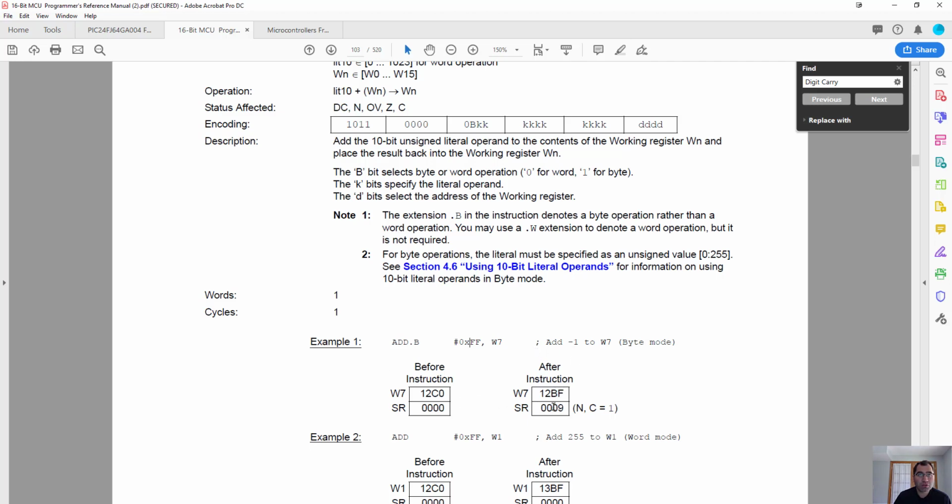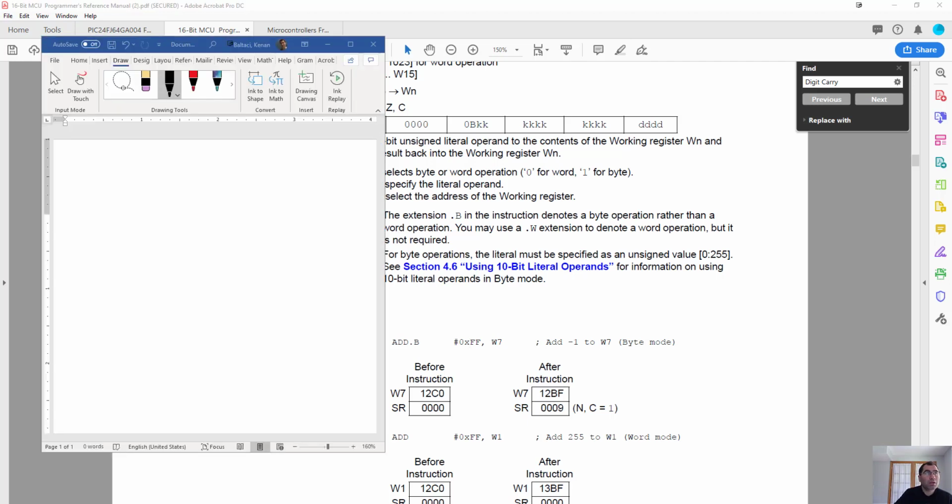It's going to be this value. Let's do it here. We don't have to do this, but just to make sure everybody is on the same page: 1 2 C 0, the content of this, plus -1.